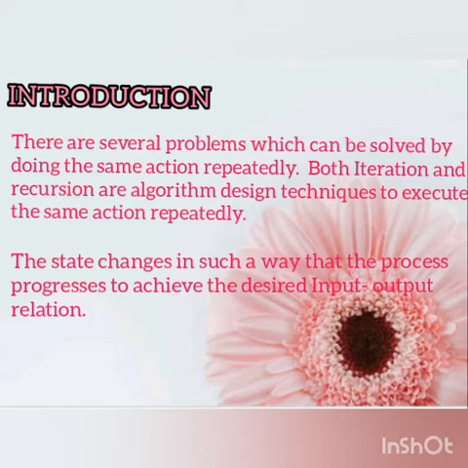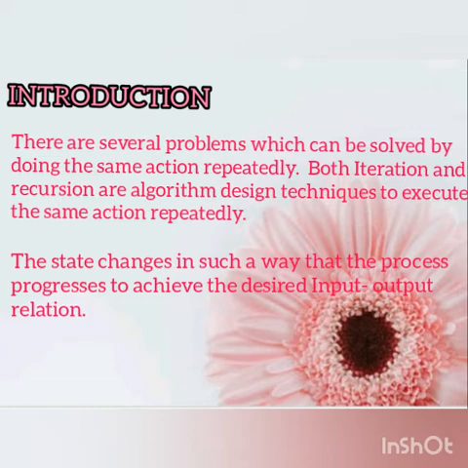Even though the action is the same, the state in which the action is executed is not the same. So, each time we execute the action, the state changes. The same action is repeated for a certain number of times, but the state will not be the same. The state will keep on changing its value.